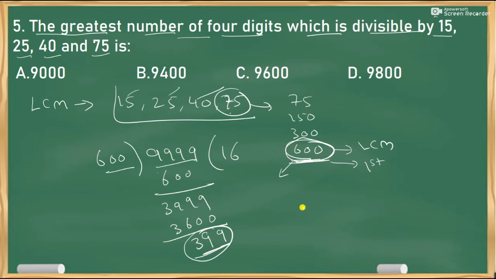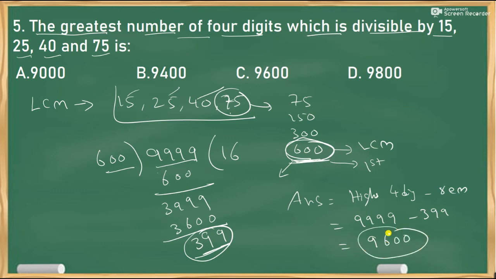Okay, so that means the answer is quite simple. It is nothing but the highest 4-digit number minus the remainder. That is nothing but 9999 minus 399. So that is 9600. So 9600 is a perfect number that 600 divides.